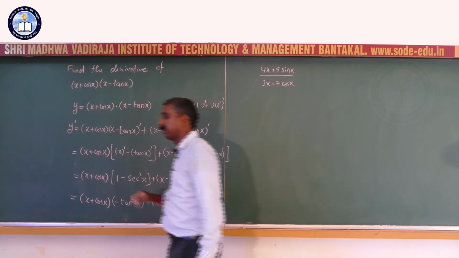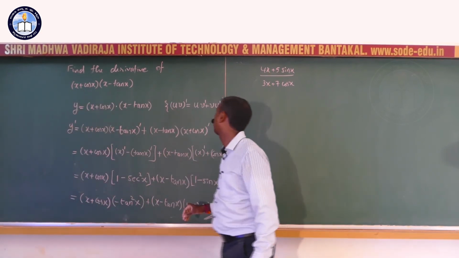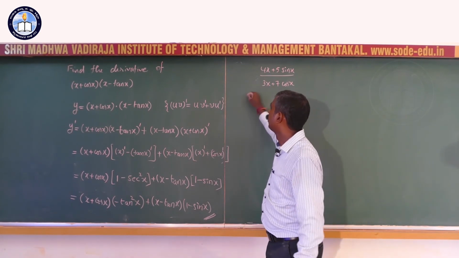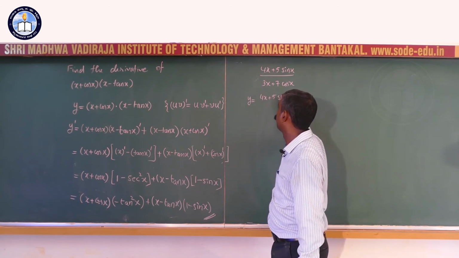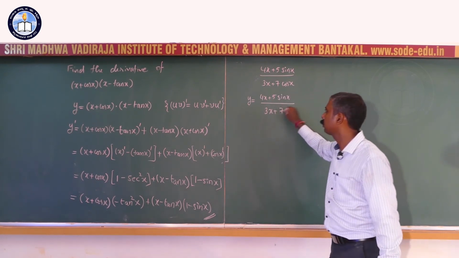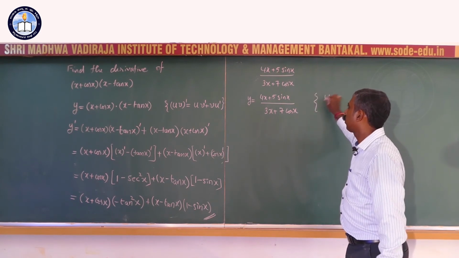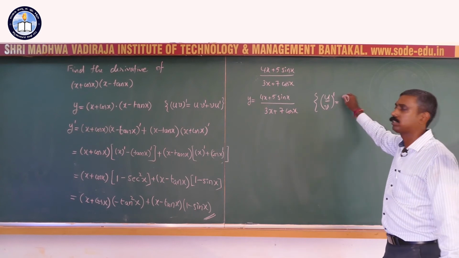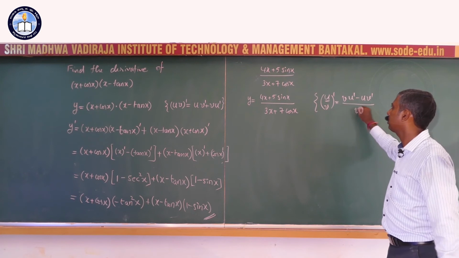So, again our usual procedure is to write 4x plus 5 sin x divided by 3x plus 7 cos x. Okay, let us recall the quotient rule, u by v whole dash is equal to v u dash minus u v dash divided by v square.